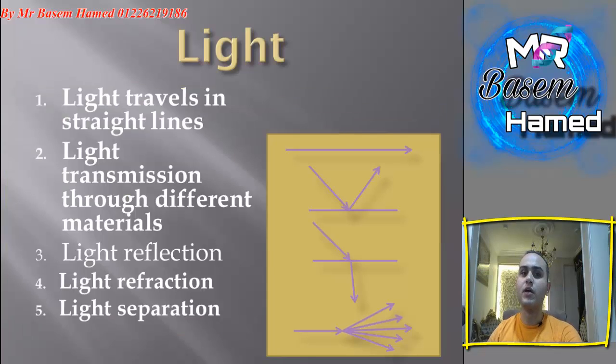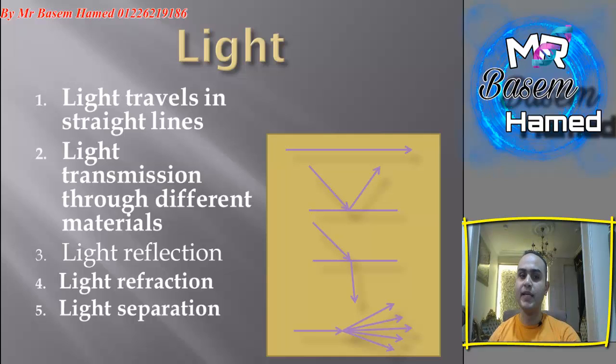Now let's talk about the light properties, and we will study each property in detail. The first one, light travels in straight lines. Number two, light transmits through different materials, as we have transparent, semi-transparent and opaque.